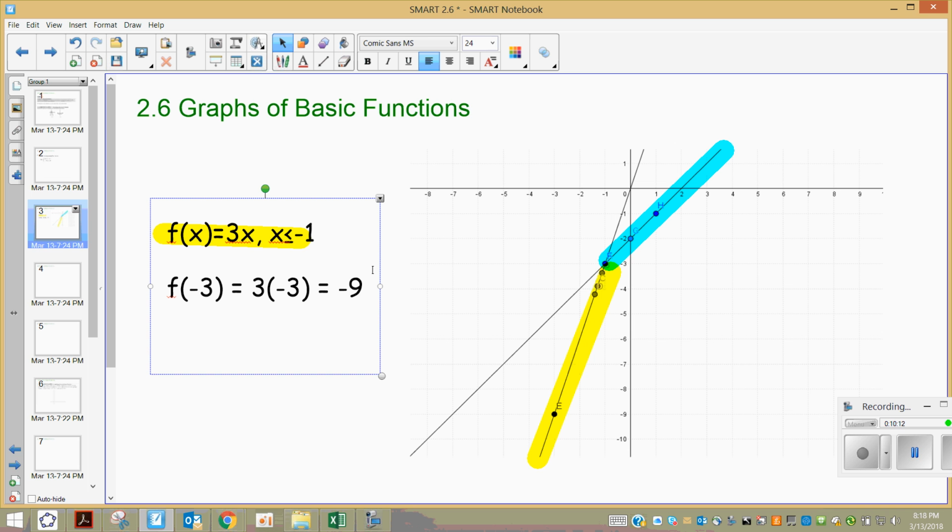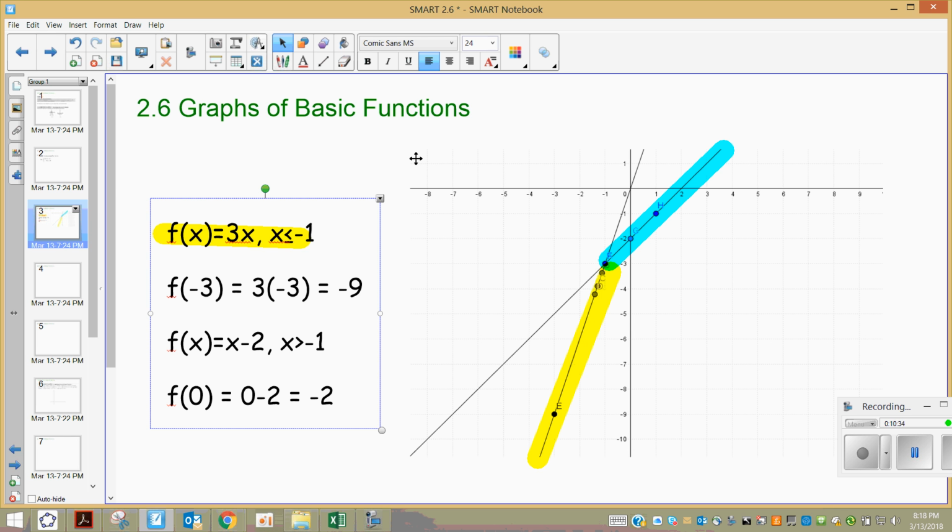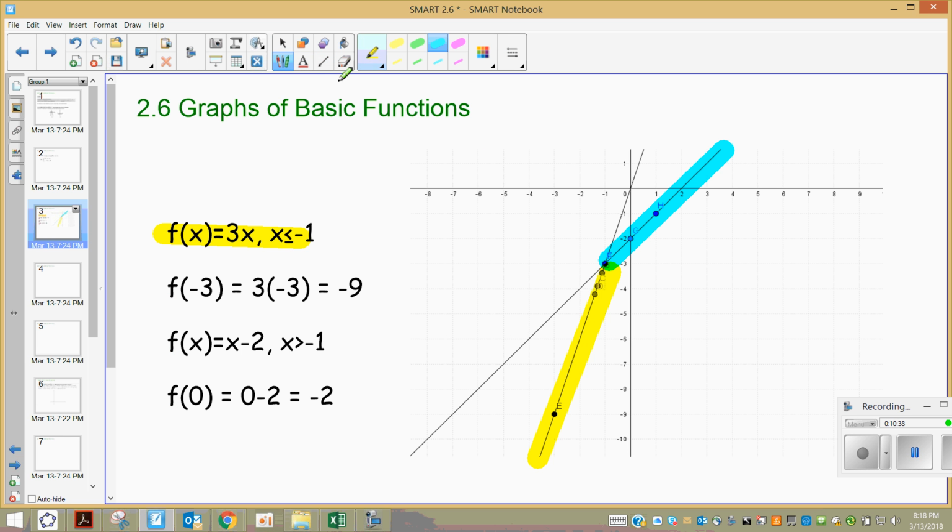Okay, so now we'll do f of x is equal to x minus 2 for x strictly greater than negative 1. That's what we have there. So for instance, f of 0 will be equal to 0 minus 2, which is minus 2. Right, so you can see, I take my little, let's do a pen this time.